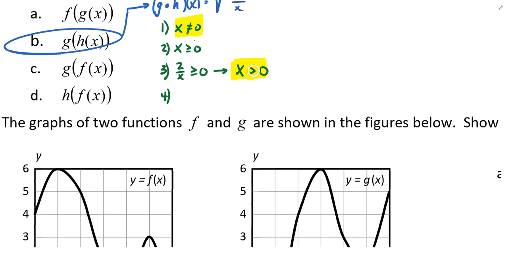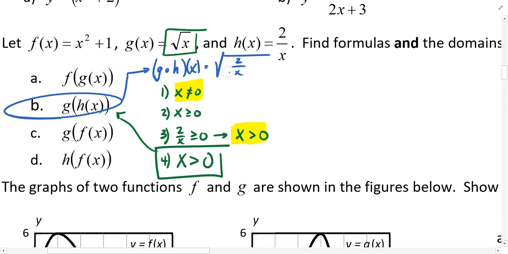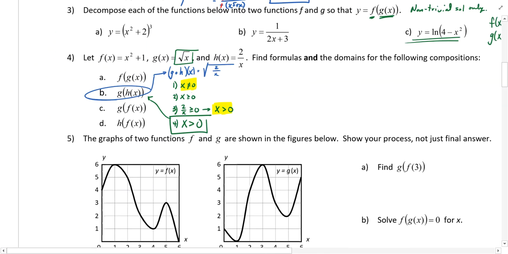The only time that x is positive and not equal to 0 is if x is greater than 0. That would be the domain for this guy here, G composed with H. We can only use this function here if x ends up being a positive number.